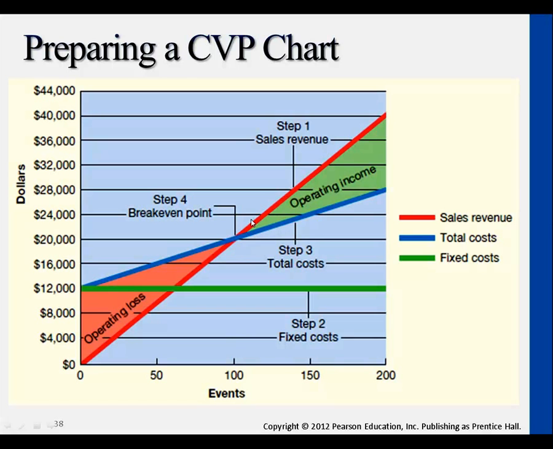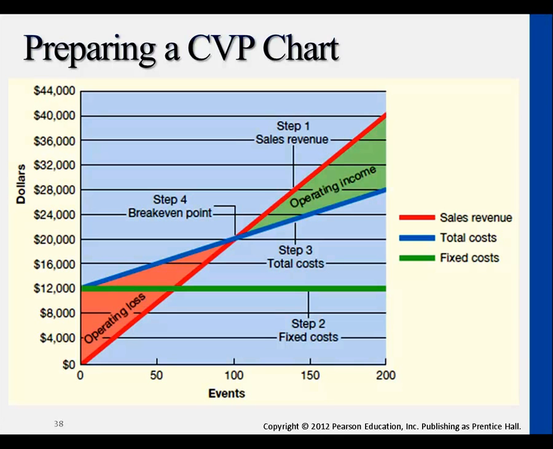So my operating income is to the right of my break-even point. My operating loss is to the left. Okay? So operating income is over your sales revenue but under your total costs. Just think about this. If my total costs at 50 events is greater than my sales revenue at the same number of events, I'm at a loss.